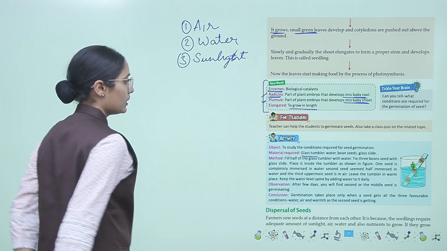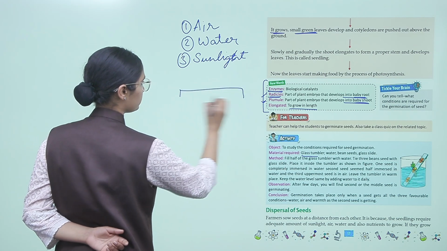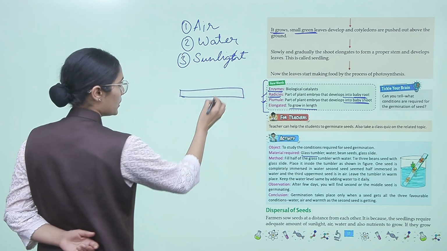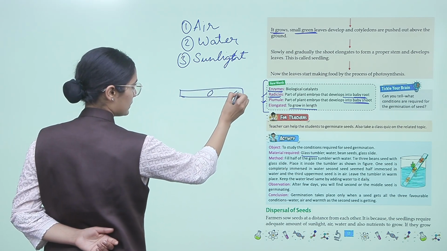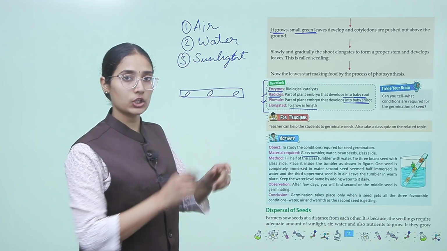Okay. Now, what we have to do is take a glass slide, put 3 seeds on it. Basically, we have to stick it or tie it.